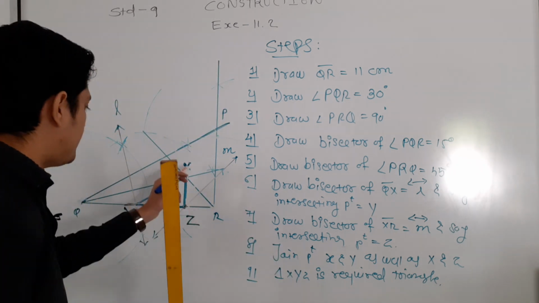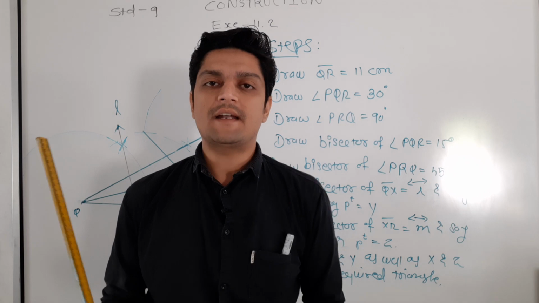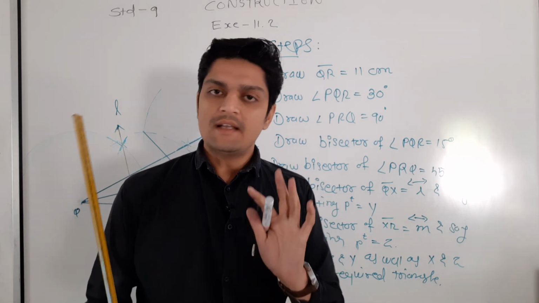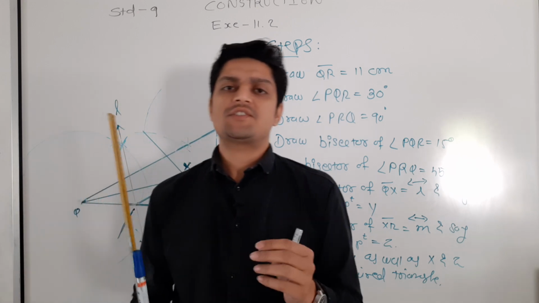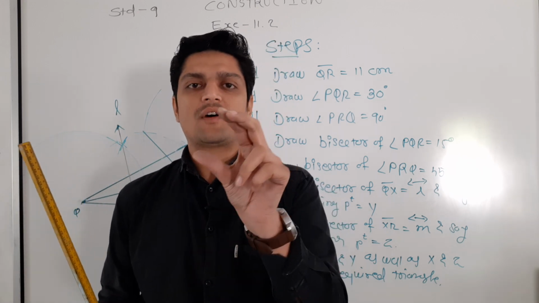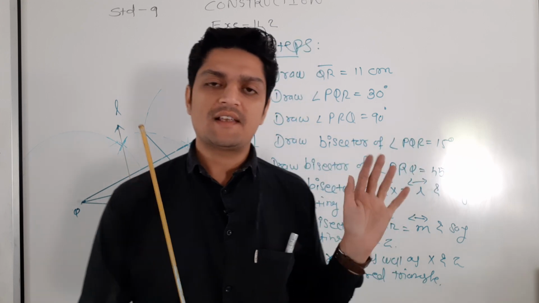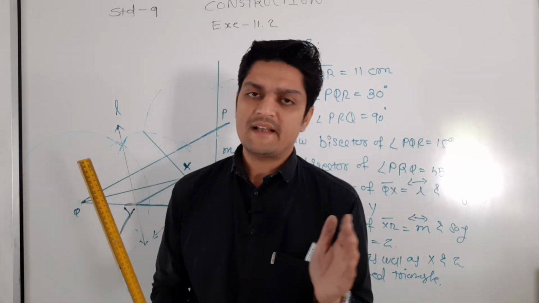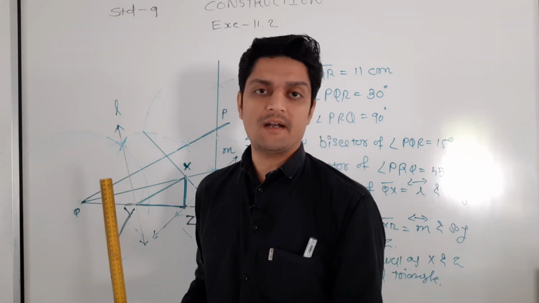So that XY plus YZ plus ZX is equal to 11 centimeter. Okay, this thing you people have to write. Actually, the justification part is always small. And as I said, if you have done these things properly, generally nobody sees these things. But then also we have to write properly.